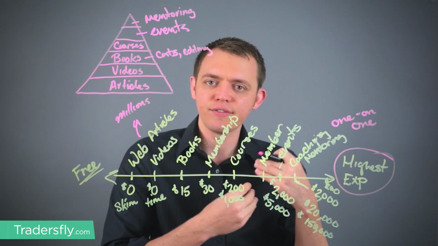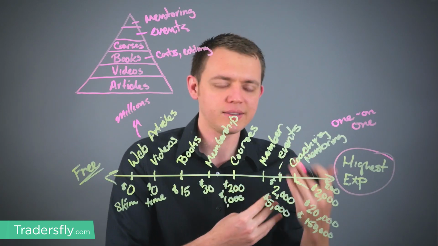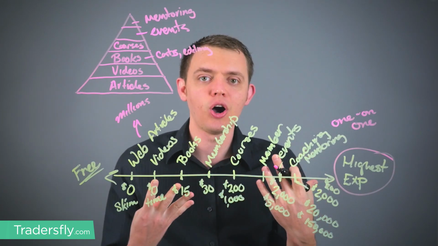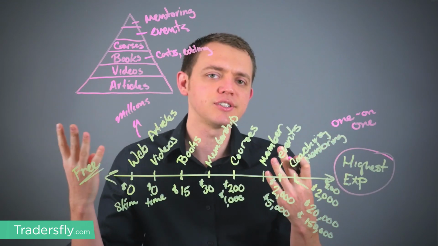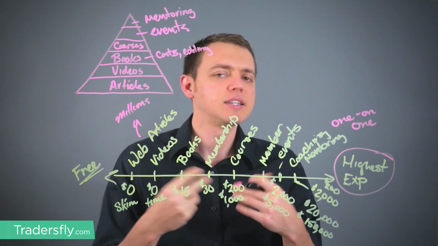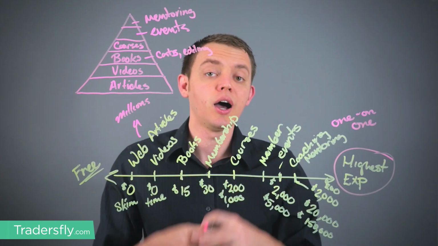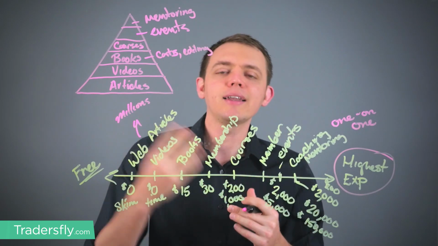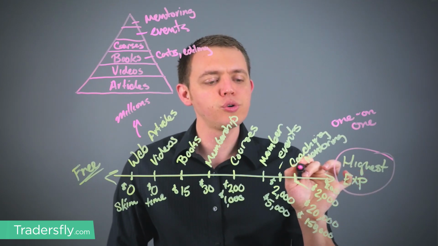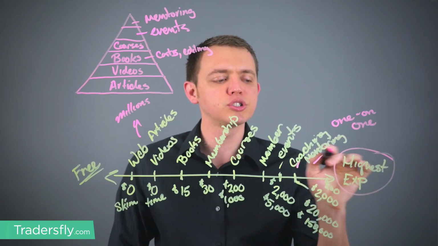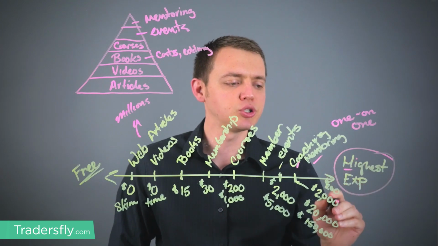So once I've done my focus, my attention, that time is gone. Whereas if I wrote a book and spent my time on a book, I could sell hundreds of thousands of copies or millions of copies, depending on the book and how well the sales go. And I could do it for many years to come. So this is why coaching and mentorship is the most expensive. This is the highest and most expensive.